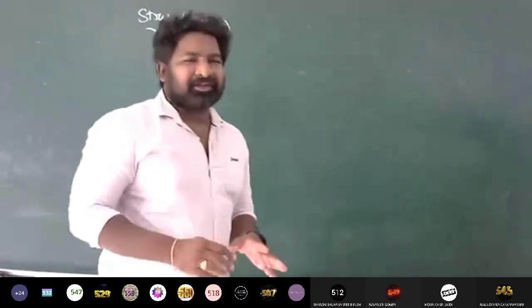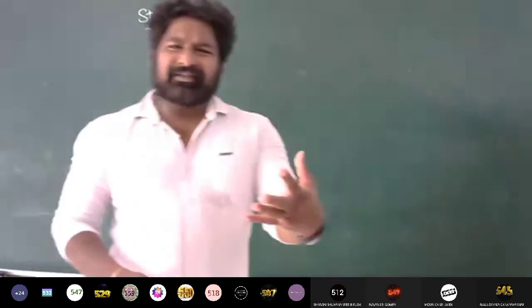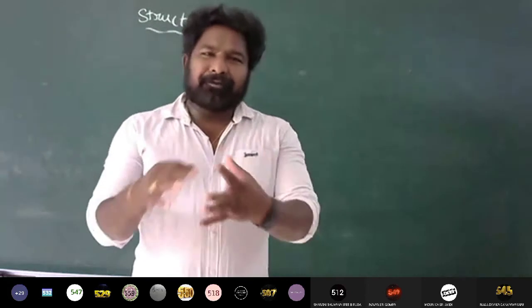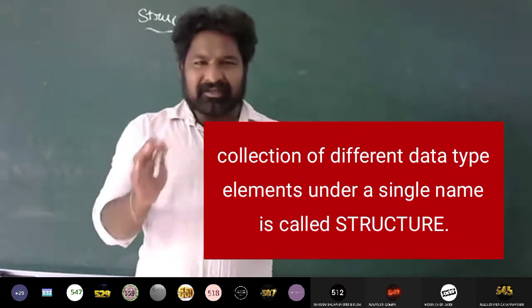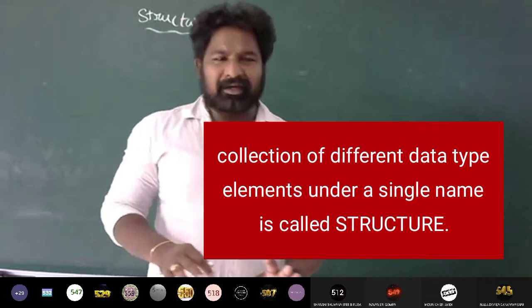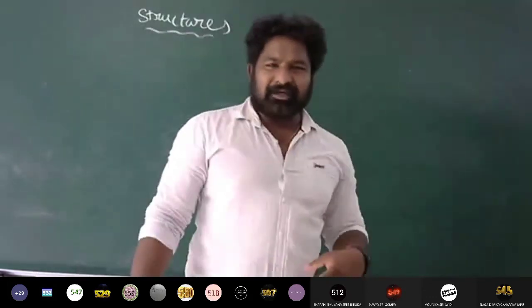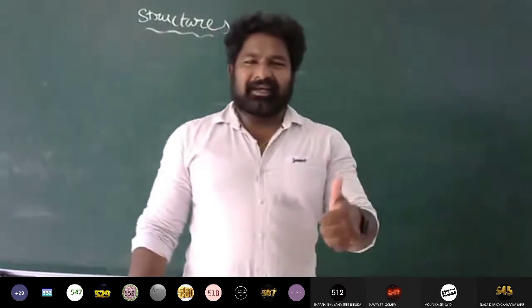So how can I create a structure, basically? First of all, what is the need for a structure? This is the reason: I want to store values of different types under a single name. That's my goal. If I want to take the features of a person, it means his name.